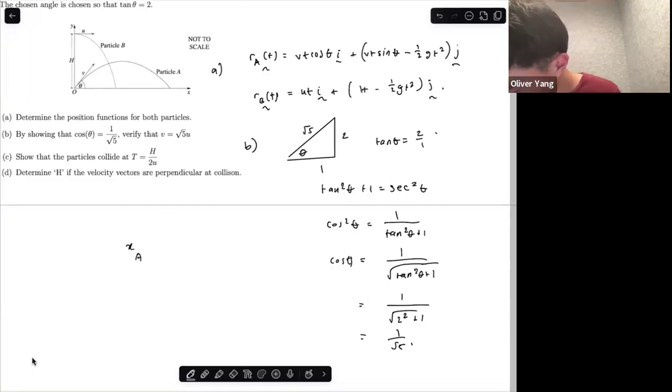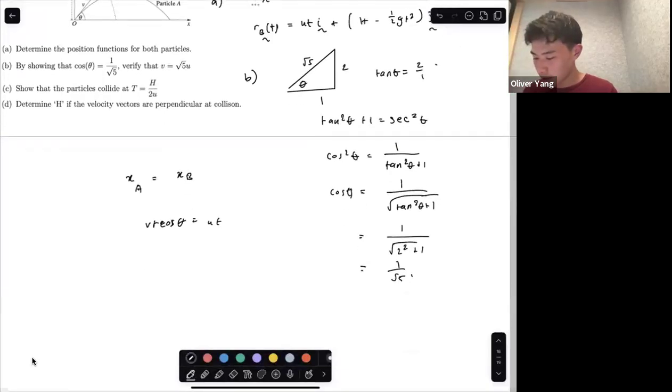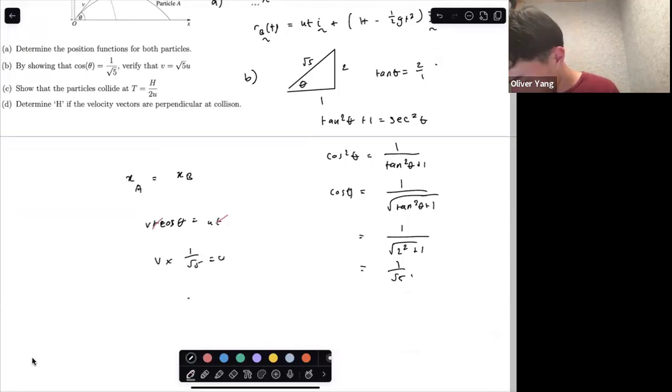So xA equals xB. So vt cos theta equals ut. Okay, and then the t's go away. You're left with cos theta, and we know that's v times 1 over root 5 equals u. Therefore, v equals root 5 u.